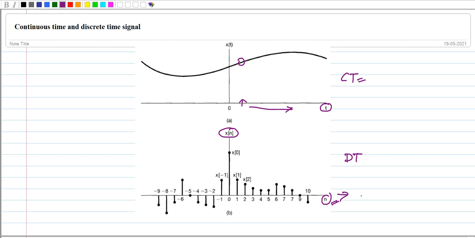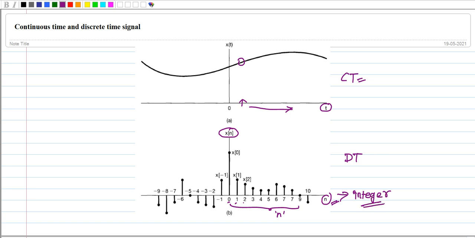You can see over here 0, 1, 2, 3, 4, 5, only at these particular integer values of the variable n I can have a value of a signal x of n. Only for integers. So this is a very important point.